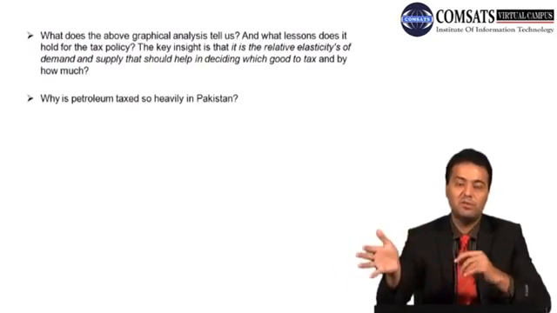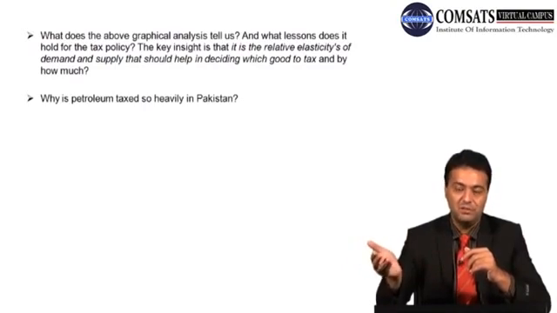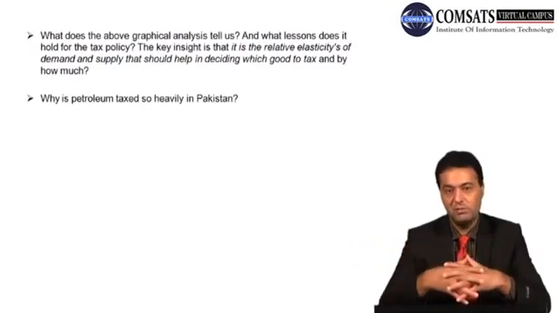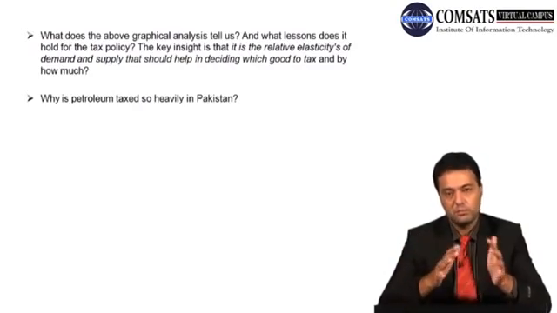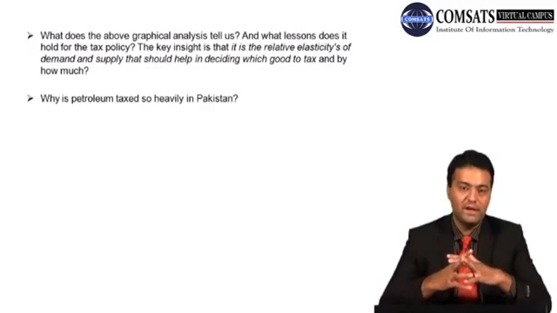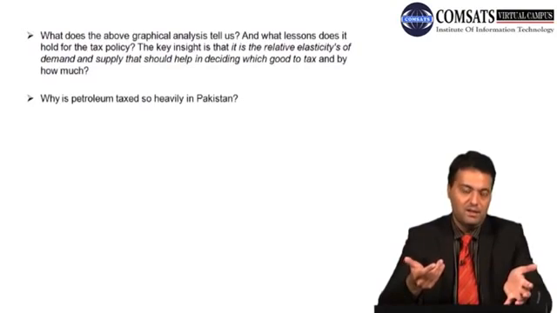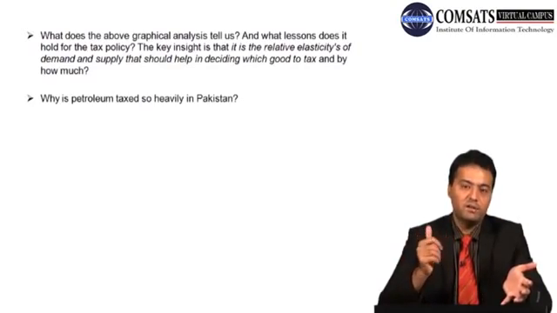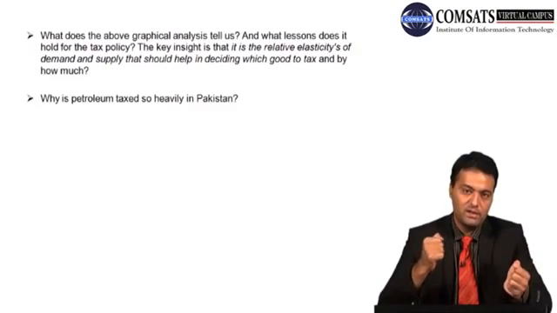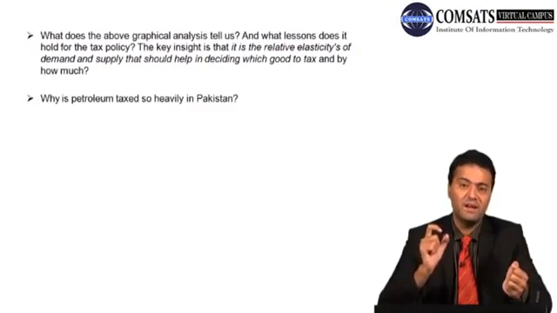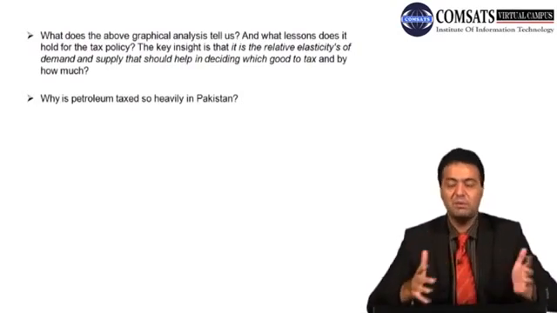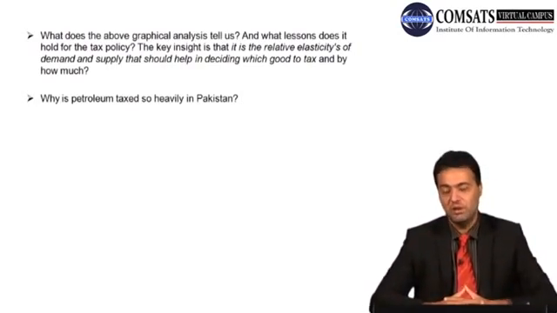People have this option of compressed natural gas, CNG, which they can always use because it is available over there, except for times of load shedding, which is quite a lot. So in KPK, relative to Punjab and Sindh, the demand curve is elastic compared to over here in Punjab and Sindh, because there is lesser availability of CNG.